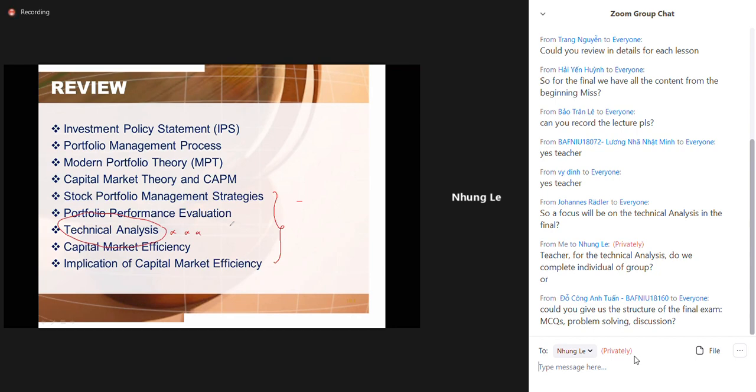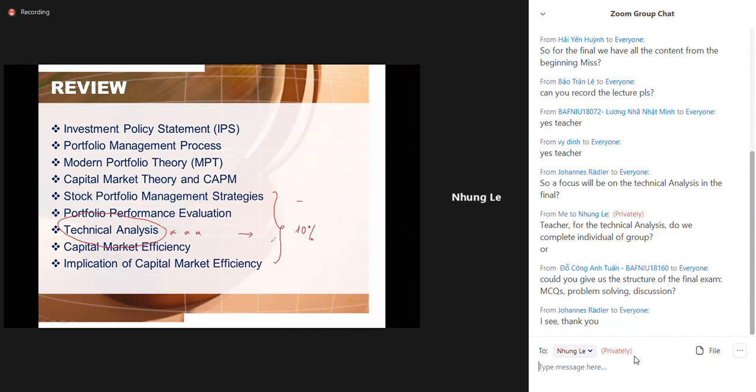Okay, I give the first question first. For the technical analysis, it just accounts for 10%, and you do it individually. Very simple: go to the website, choose any stocks that you like, choose any period you are interested in, and draw the graph.